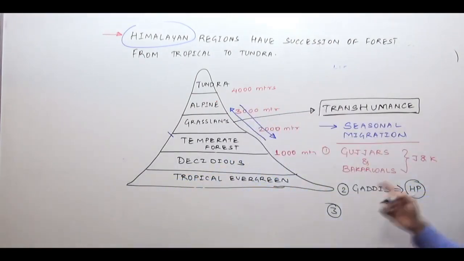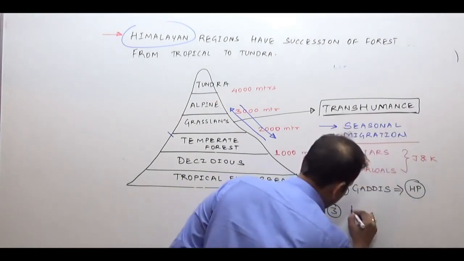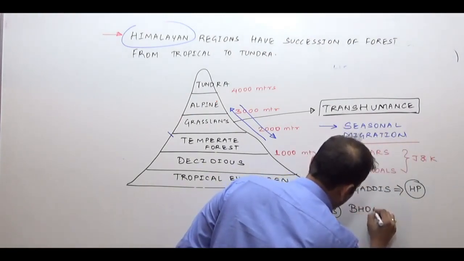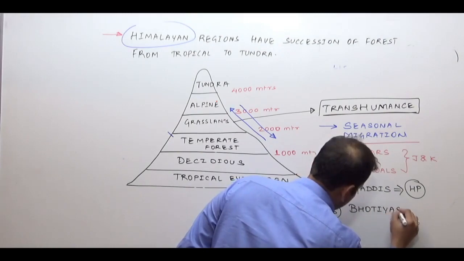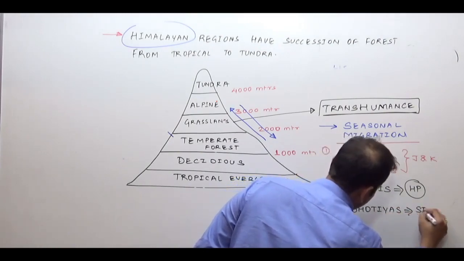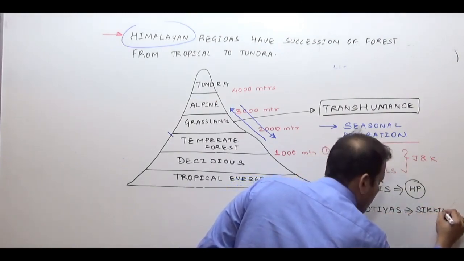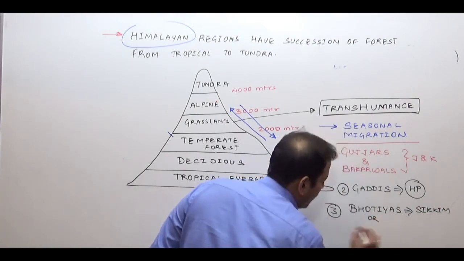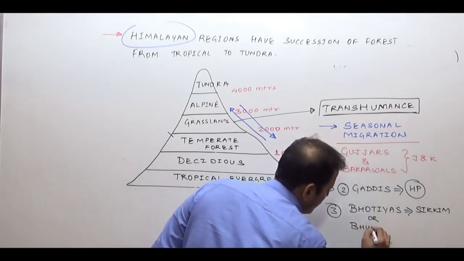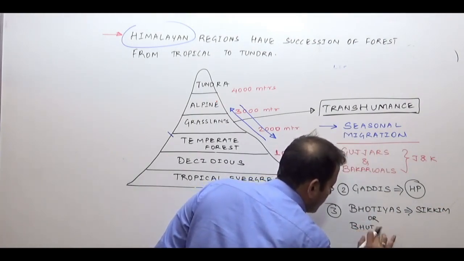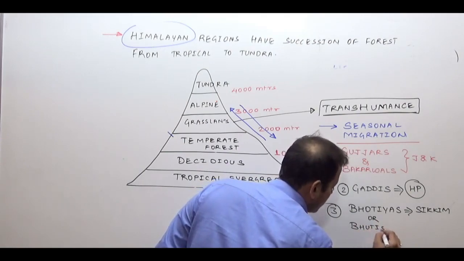So the seasonal migration, along with their animals, is done by the Bhotiyas or Bhutias of Sikkim.